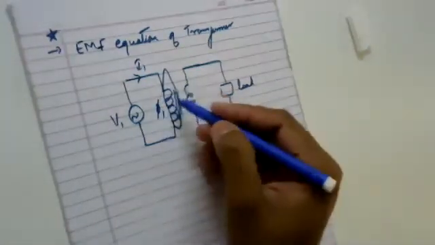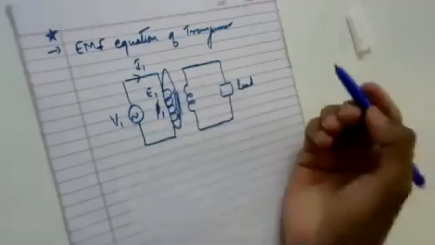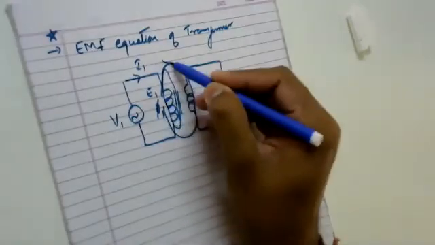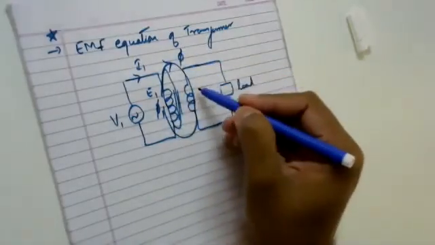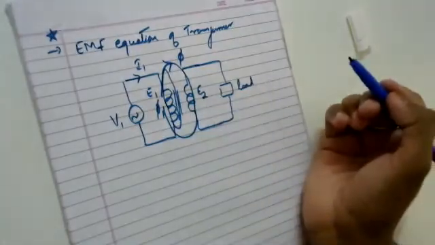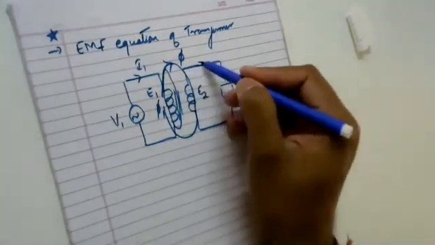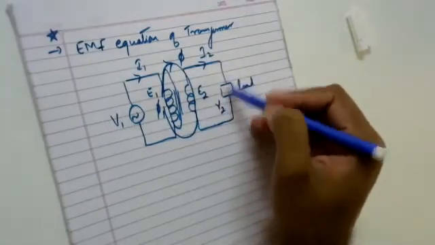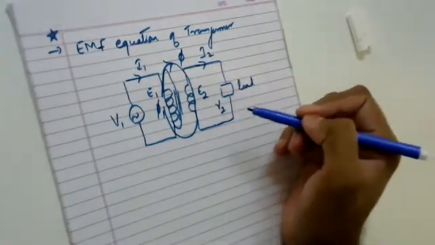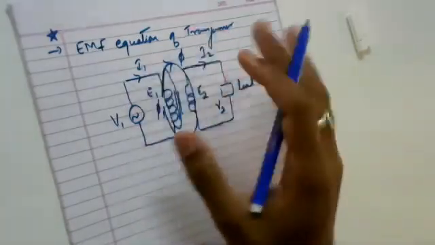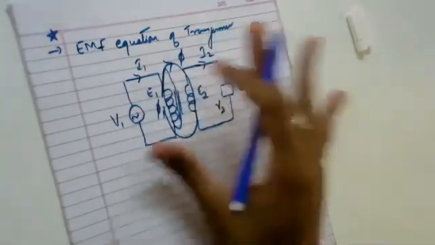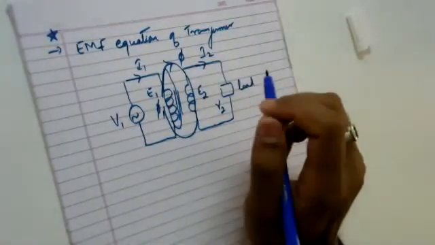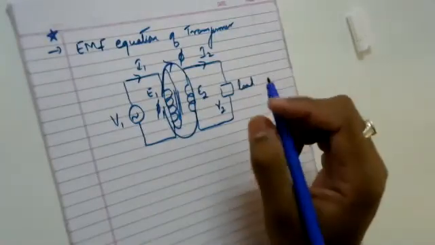Hence phi1 is produced, and I'll get E1. Part of this flux links with the secondary coil. This flux is called the working flux. It produces an EMF called E2. The circuit is closed on the secondary, hence you'll get I2, and hence you'll get V2, which is your load voltage or the secondary voltage. Now this concept should be perfect in your mind.